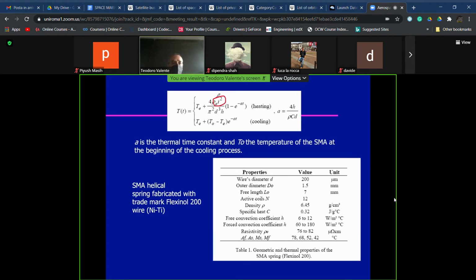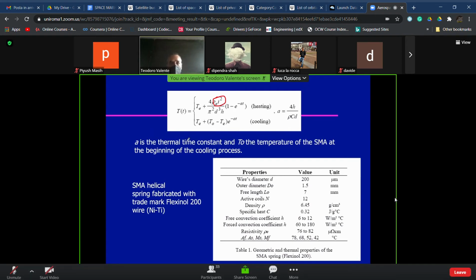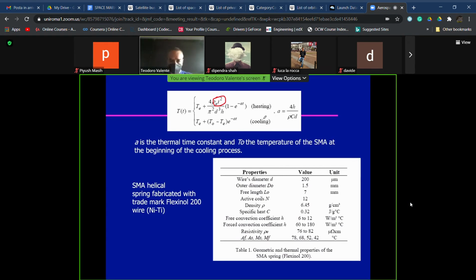A is the thermal time constant and T0 is the initial temperature of the shape memory alloy, in this case at the beginning of the cooling process. We are able to model the temperature variation with time during the heating phase and during the cooling phase.